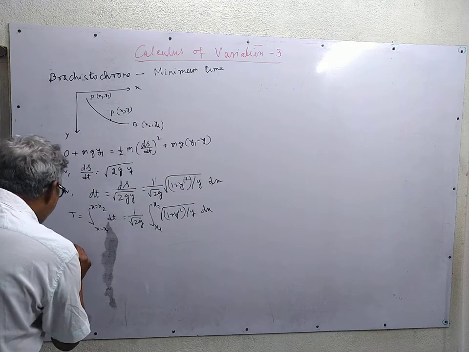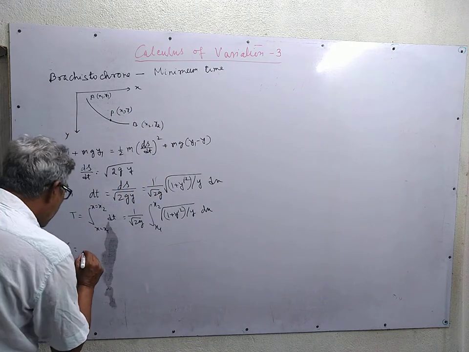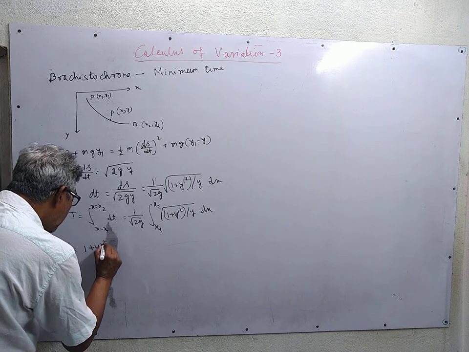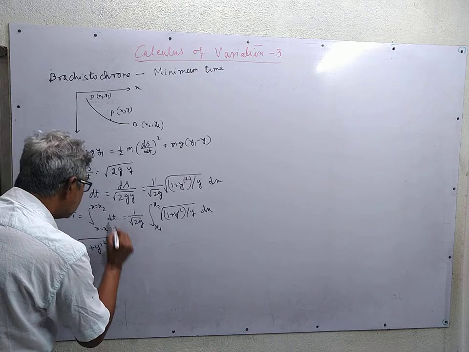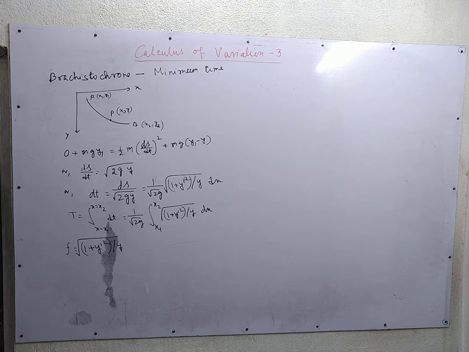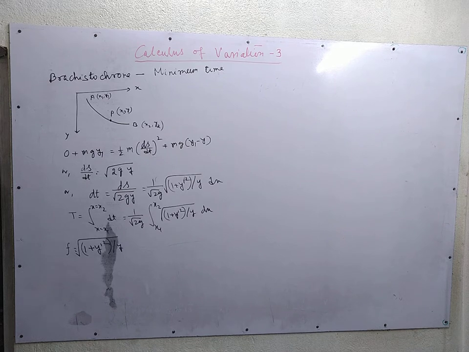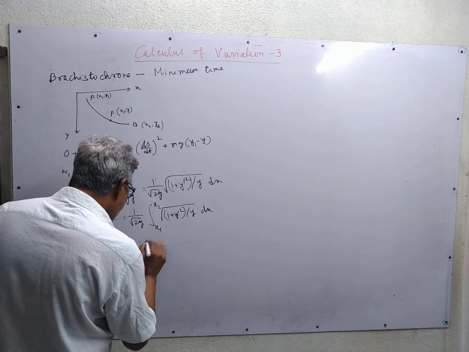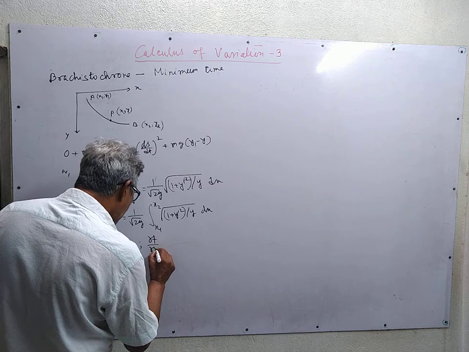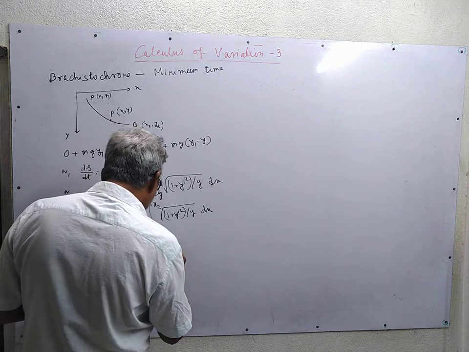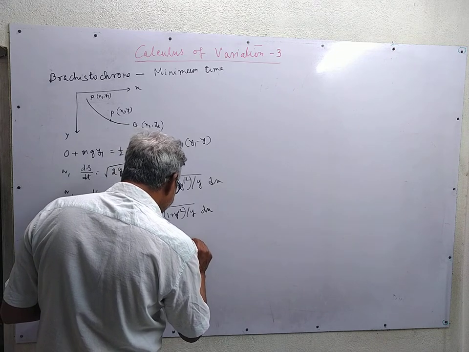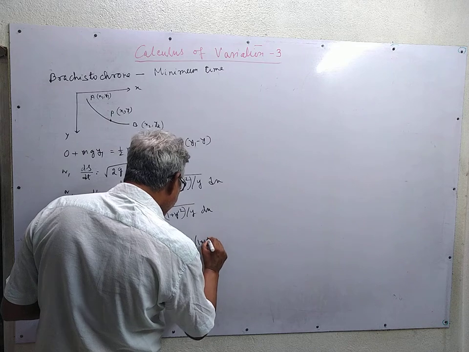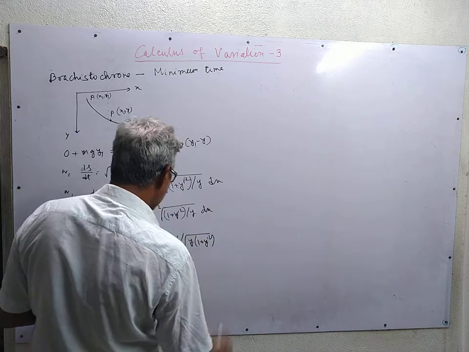So we consider f to be the integrand, this is the f for the Brachistochrone problem. So it gives us that del f del y prime is equal to y prime divided by root of y into root of 1 plus y prime square.